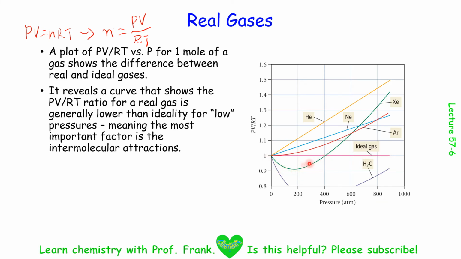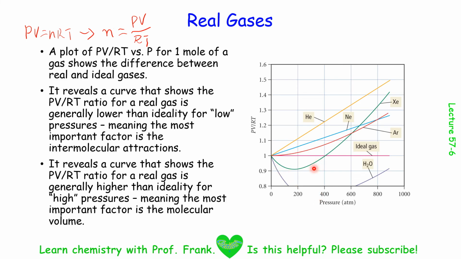For the curves I just mentioned, for a real gas, the PV over RT ratio is generally lower than the ideal gas at low pressure. That actually means the most important factor is the intermolecular attractions.